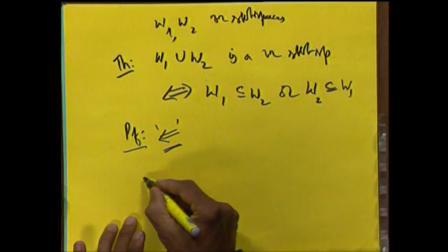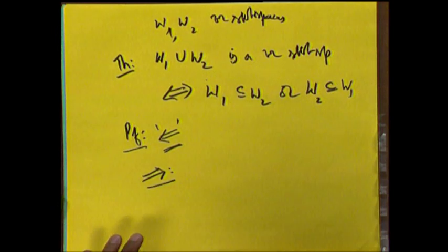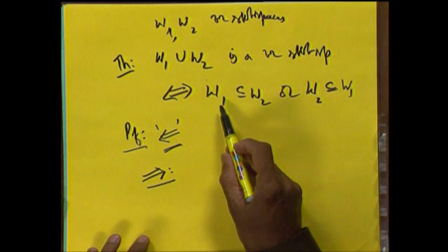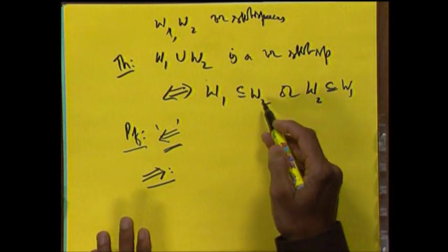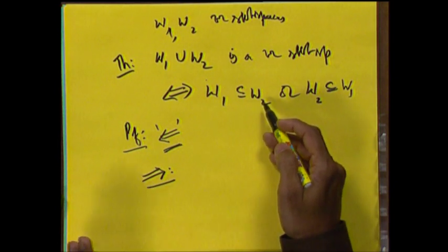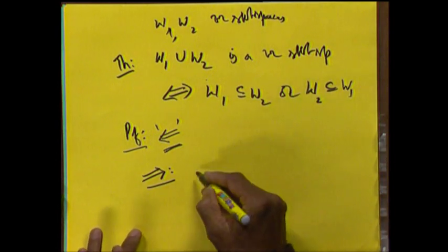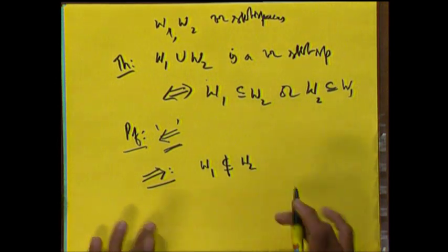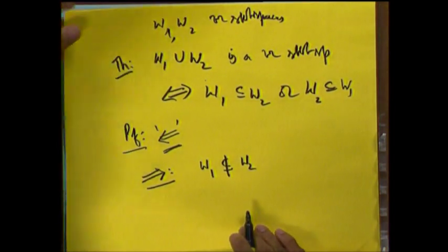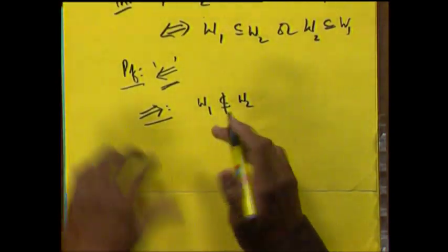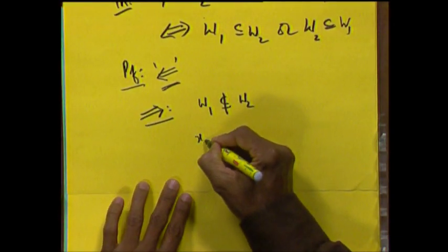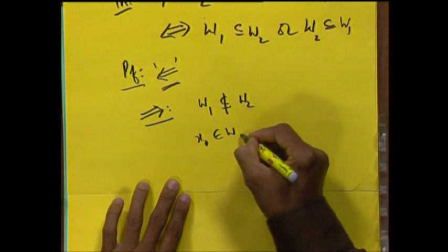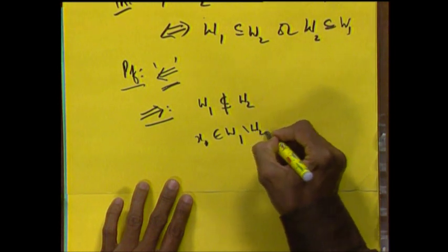Now coming to the only if part, let us assume that W1 union W2 is a vector subspace, and if W1 is contained in W2, it is okay, we are safe. Say W1 is not contained in W2, means there exists an element x belonging to W1 which is not in W2.